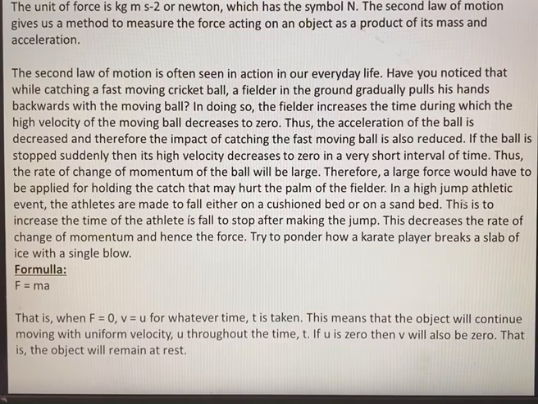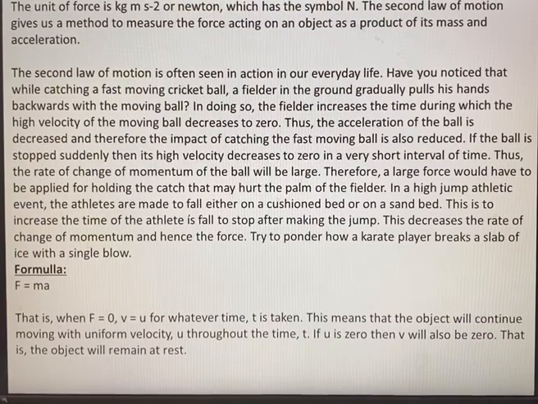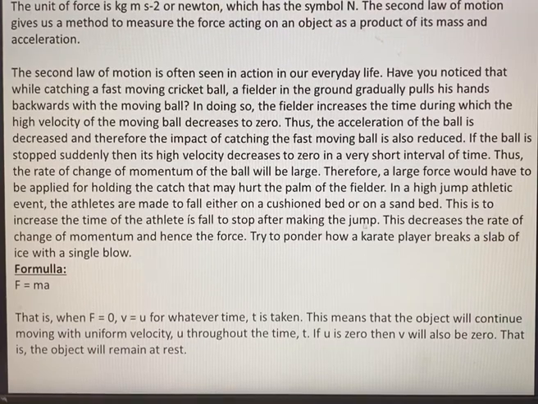In a high jump athletic event, the athletes are made to fall either on a cushioned bed or on a sand bed. This is to increase the time the athlete takes to stop after making the jump. This decreases the rate of change of momentum and hence the force. Try to ponder how a karate player breaks a slab of ice with a single blow.